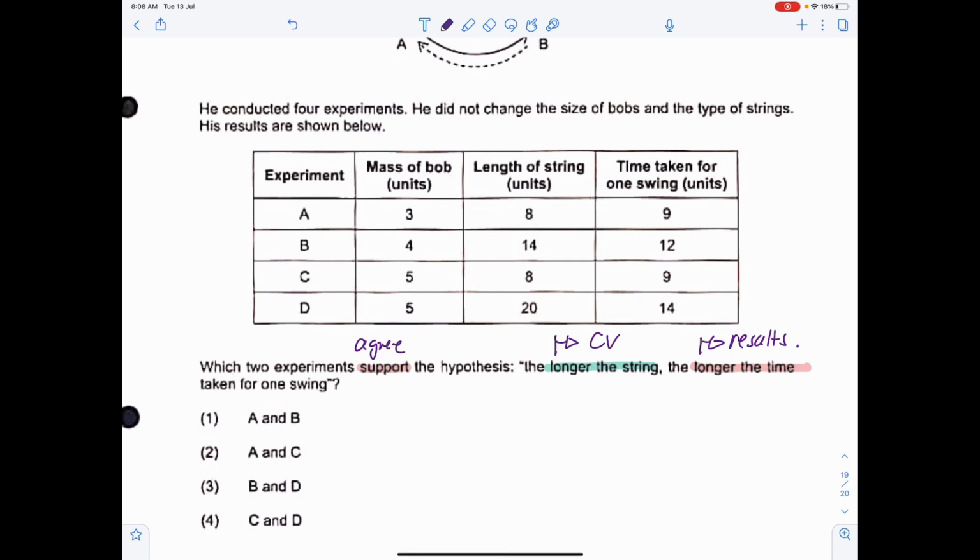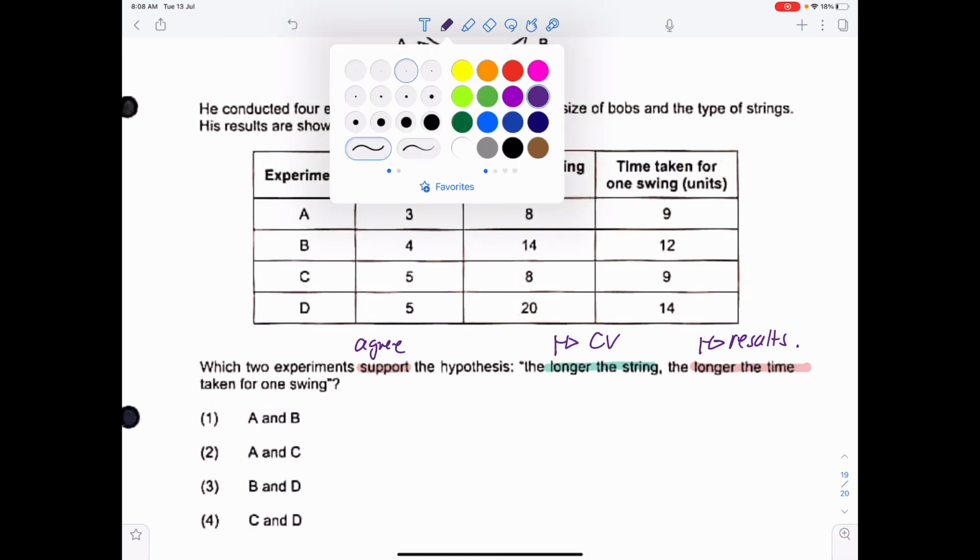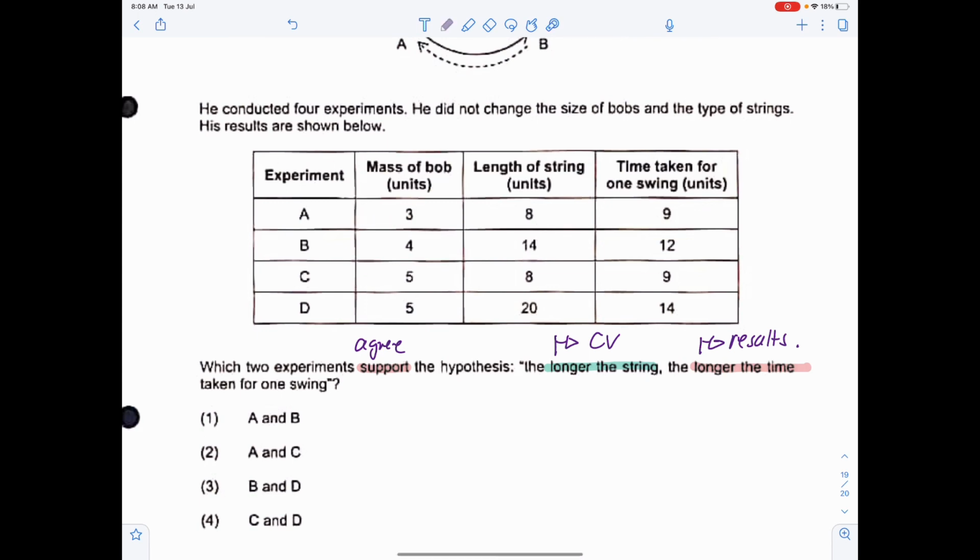So take a look. The longer the string. Remember, firstly, your bob over here needs to be constant, because they say he did not change the size of the box, so we assume that the mass is the same. Based on this, it's pretty obvious that there's only one plausible option, which is C and D, because only these 2 are the same. B and A cannot be used to compare with anything.